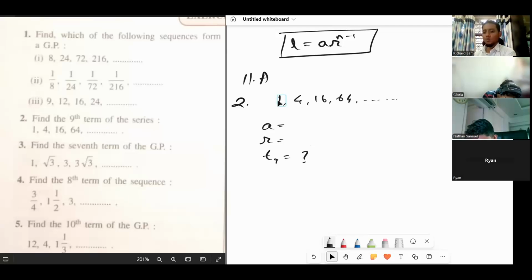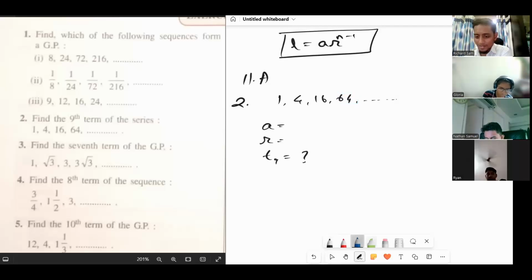See, for example, here 1 is the first term, 4 is the second term, 16 is the third term, 64 is the fourth term. So this is the fourth term, right? So here N is 4 and T4 is 64. Understood?